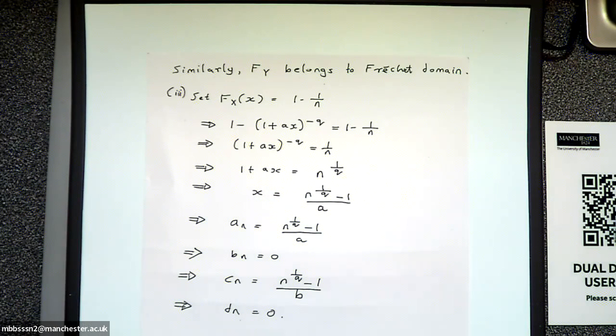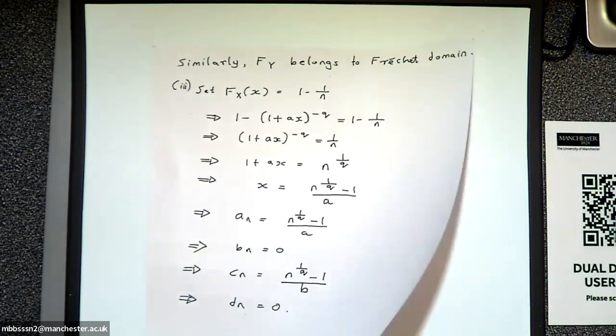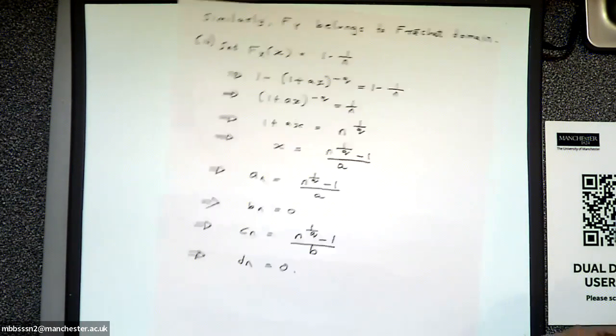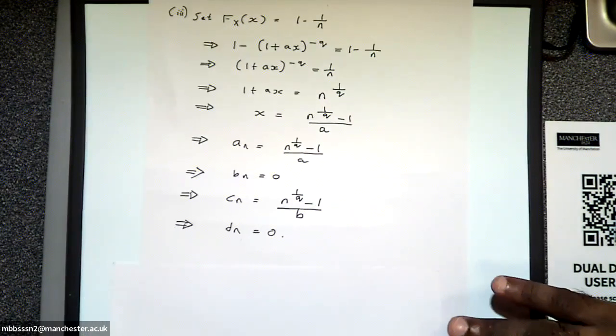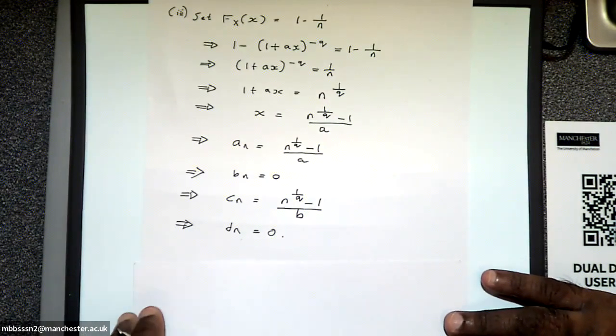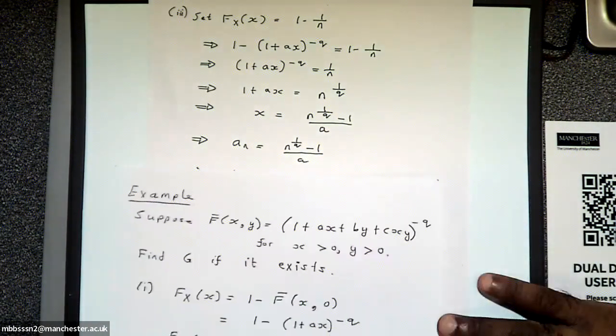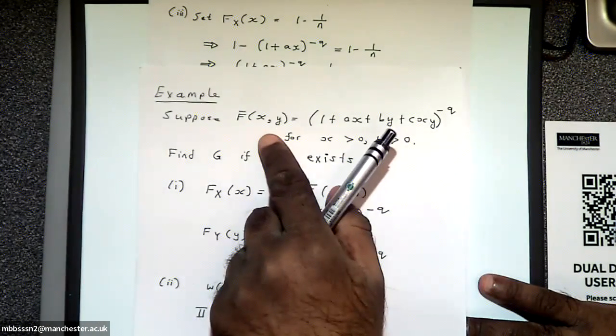Now, step number 4 is the most difficult part, which is to figure out the limit. If you look at the question, it gives you the joint survival function.